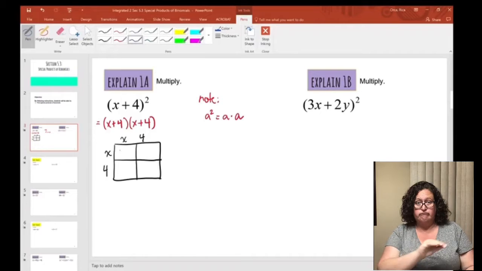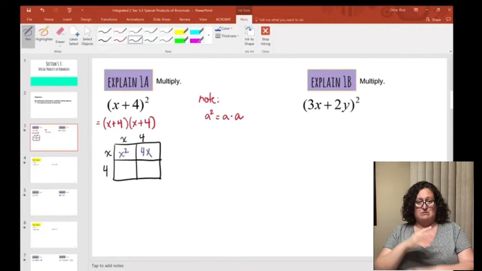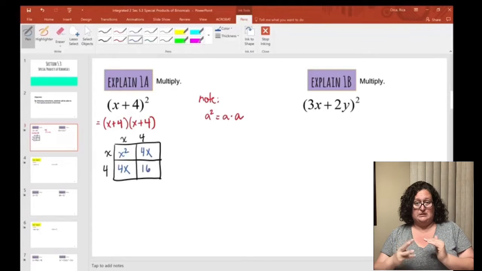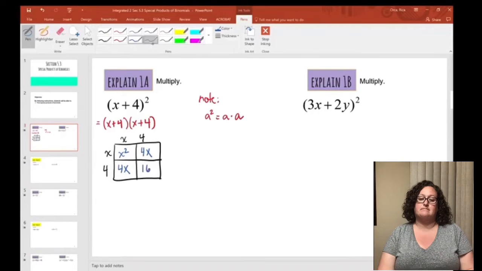Now we want to fill in the box. X times x is x squared. X times 4 is 4x. 4 times x is 4x, and 4 times 4 is 16. Now let's combine like terms.